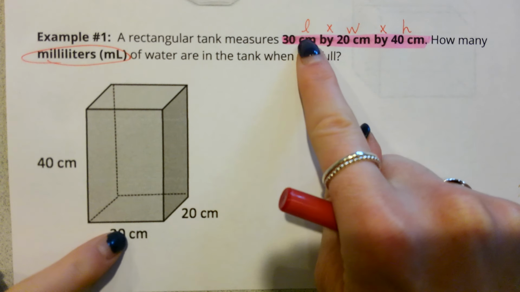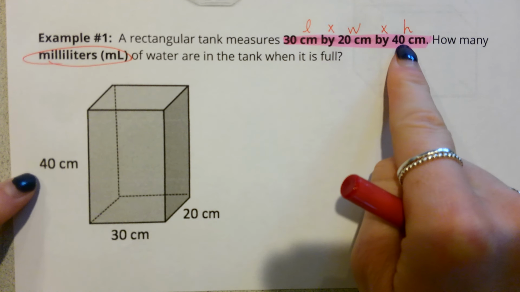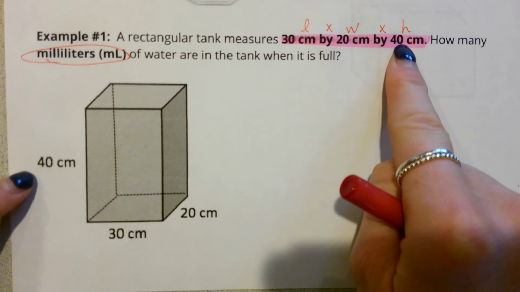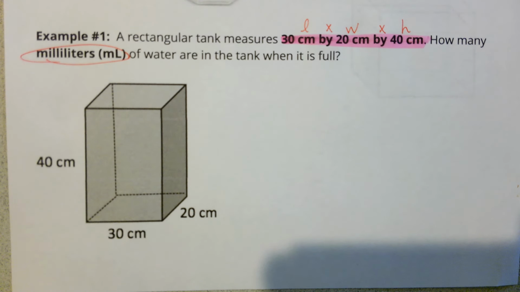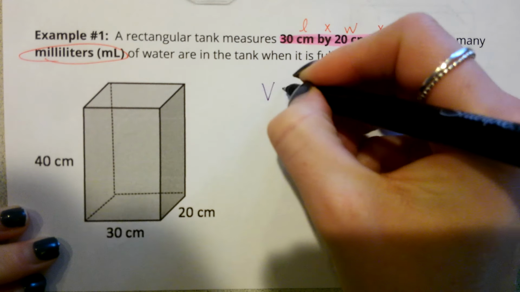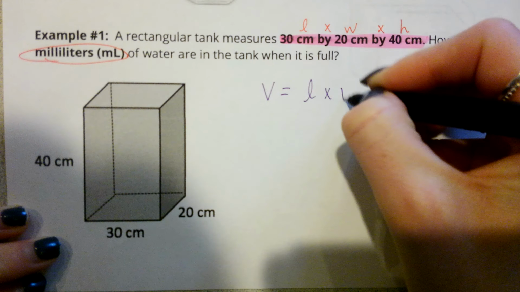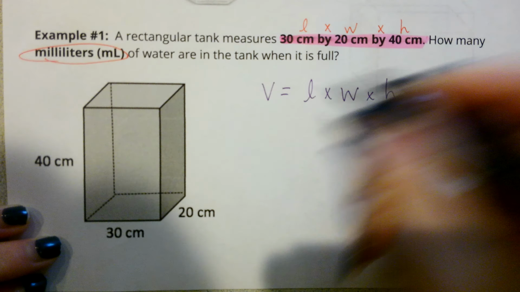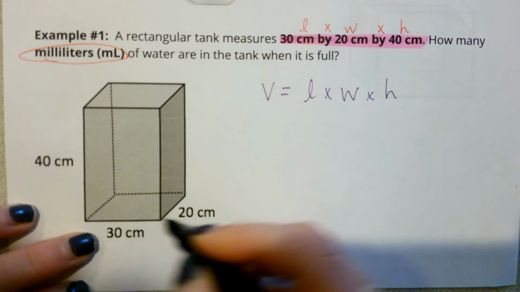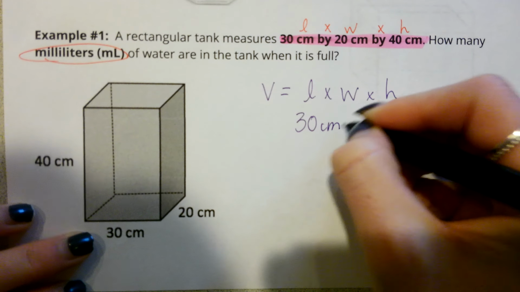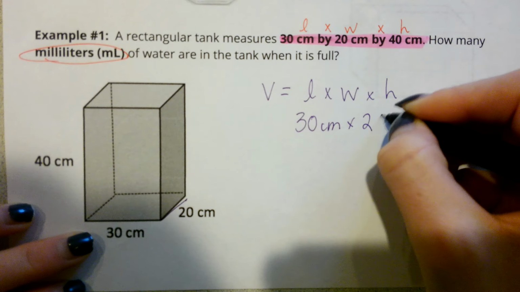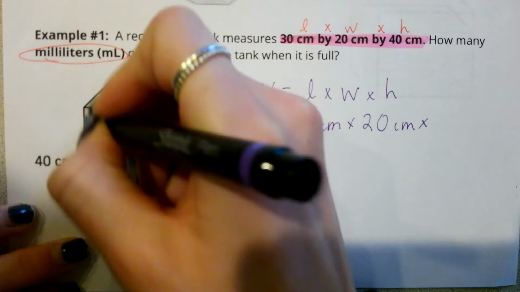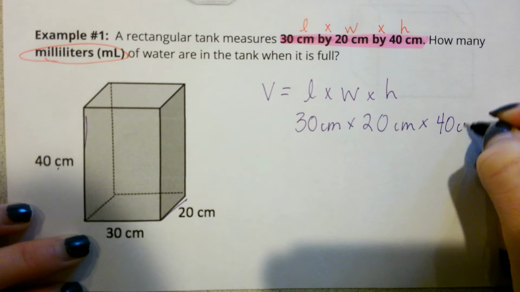We already know that our length, our width, and our height are labeled on our rectangular prism. So if we want to find the volume, I know that volume is length times width times height, and let's fill it in. Length is 30 centimeters. Our width is 20 centimeters, and our height, how tall it is, 40 centimeters.